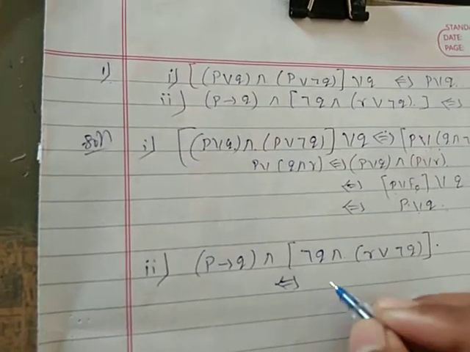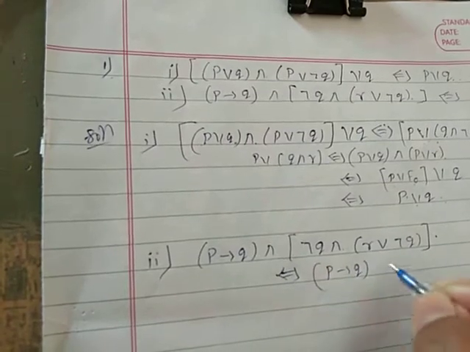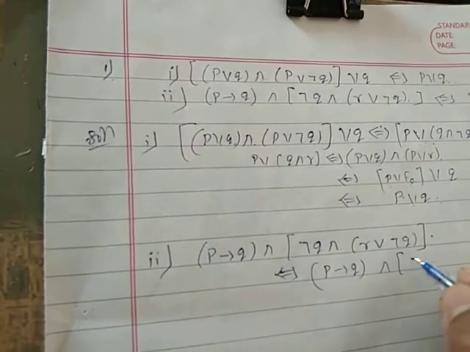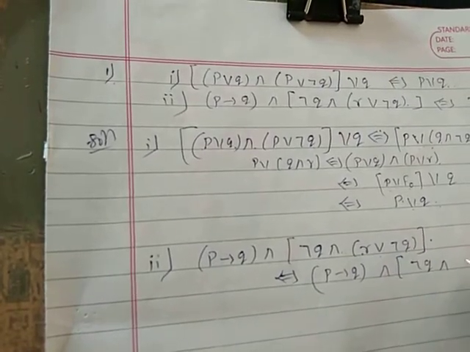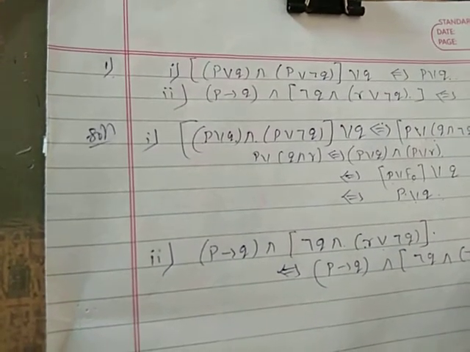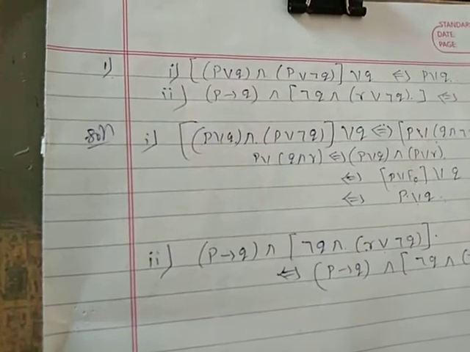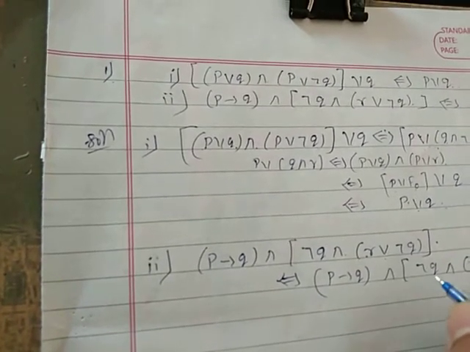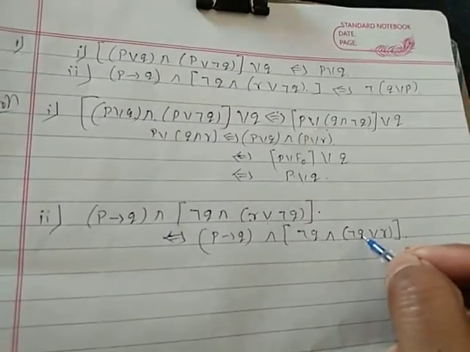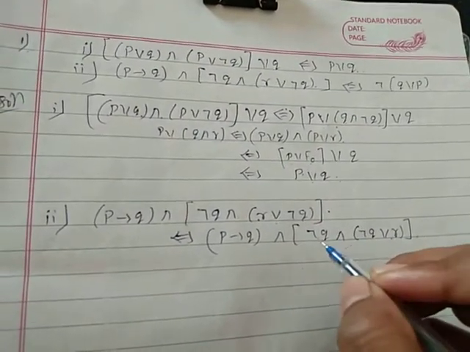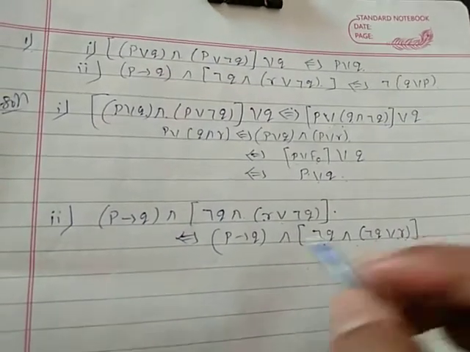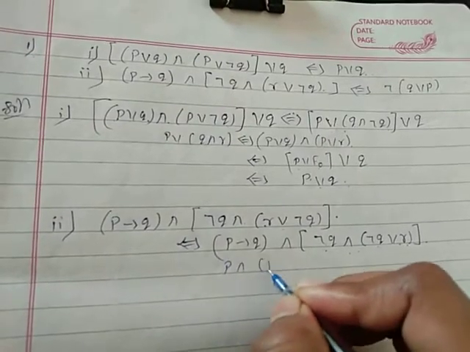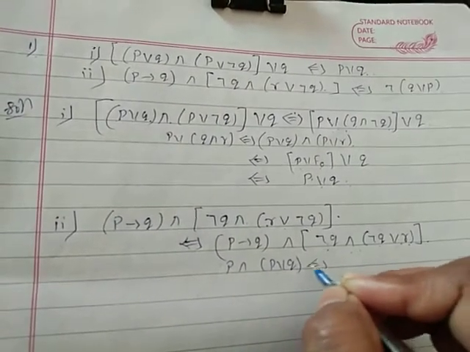First keep the P implies Q as it is and keep the negation of Q also as it is. R or negation of Q can be written as negation of Q or R using the commutative law. Now see here, negation of Q and (negation of Q or R) is of the form P and (P or Q), using the absorption law. P and (P or Q) is equivalent to P.